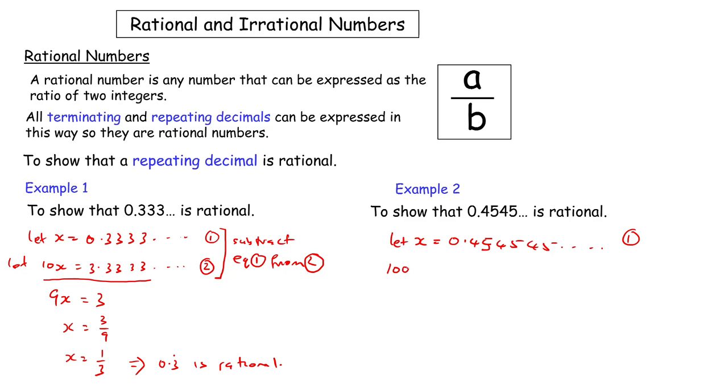So 100x means that I'm taking the first two numbers over to the left-hand side. So that's going to be 45.454545, which is equation 2. So that means after the decimal, they're the same. So I can subtract again equation 1 from equation 2.